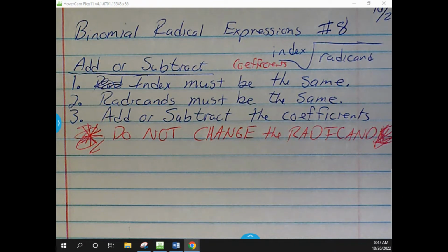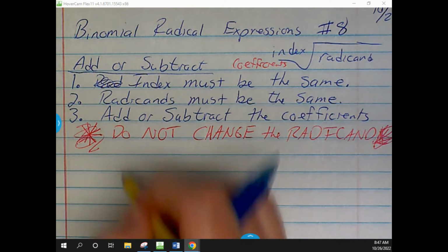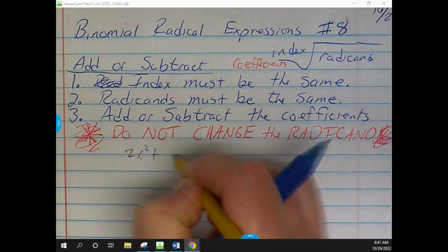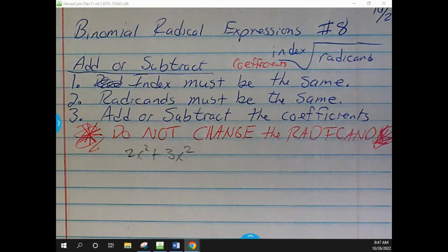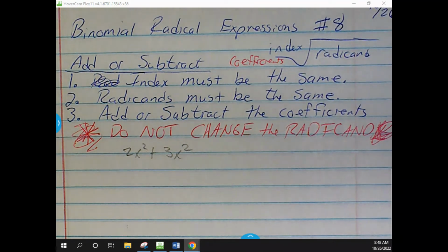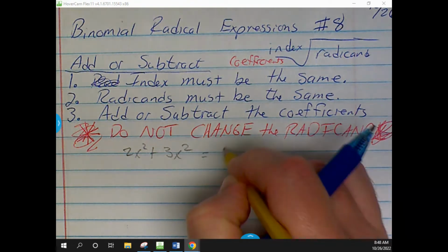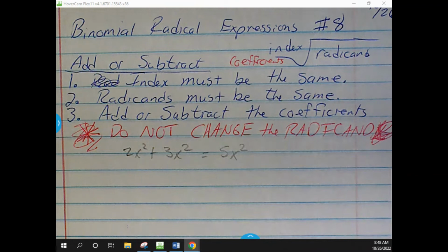You've got to think about it like when you were doing just variables. If you do 2x squared plus 3x squared, what's the answer? 5x squared. Did you change anything with the variable? No. Same thing with radicands.